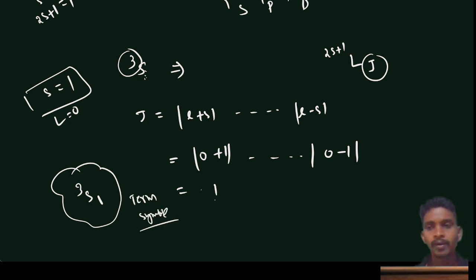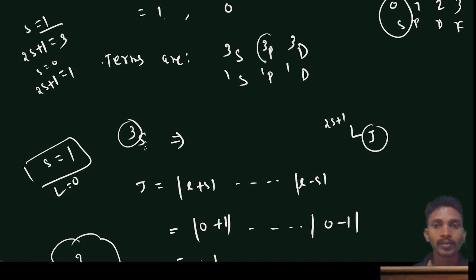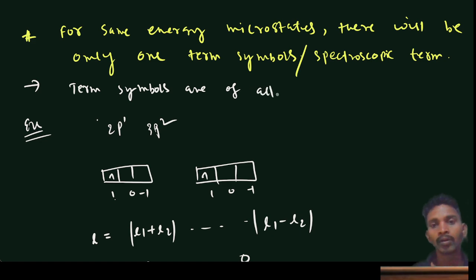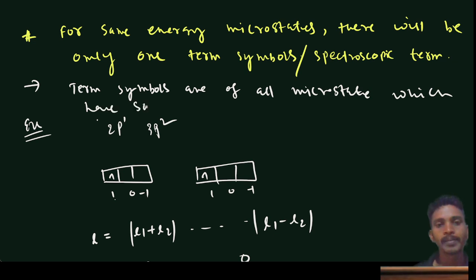Similarly, if you want to know how many term symbols there are, the term symbols are of all microstates which have the same energy.